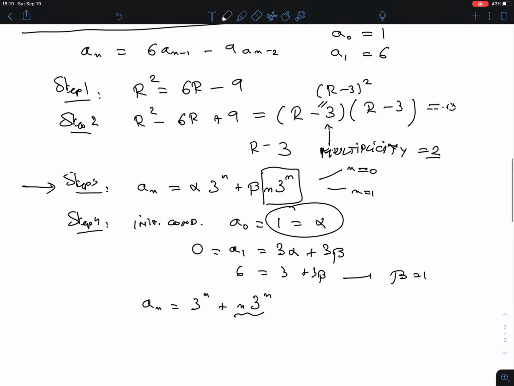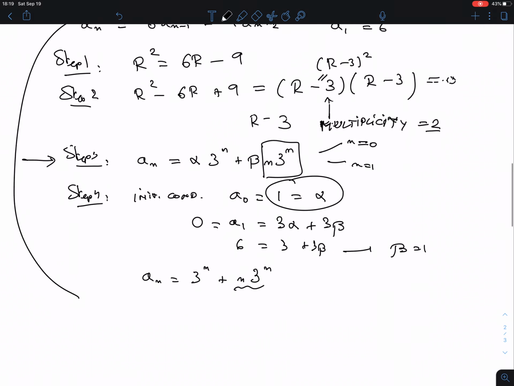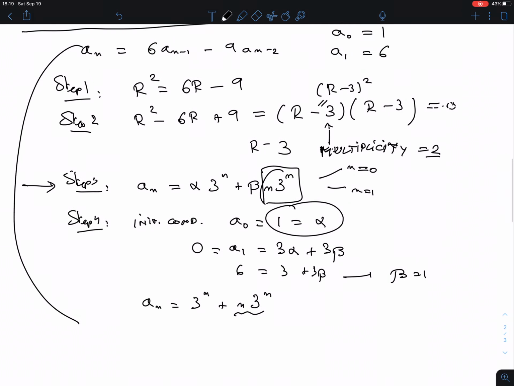So let's look at the recurrence relation here. So I have to plug in this number in there and see that it fits. n times 3 to the power n is the same as 6 times, now replace n by n minus 1, so that would be n minus 1 times 3 to the n minus 1, minus 9 times, and what would happen here? The index is now n minus 2, so n minus 2 times 3 to the power n minus 2.